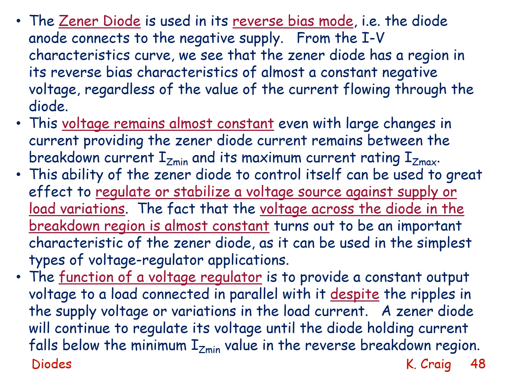The function of a voltage regulator is to provide a constant output voltage to a load connected in parallel with it, despite the ripples in the supply voltage or variations in the load current. A Zener diode will continue to regulate its voltage until the diode holding current falls below the minimum Iz min value in the reverse breakdown region.